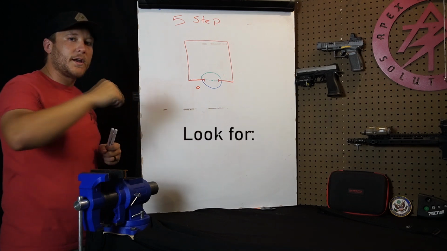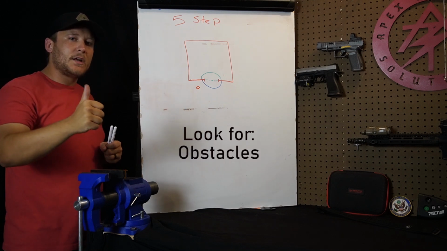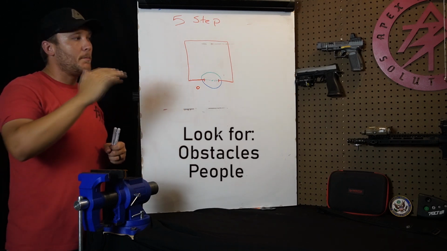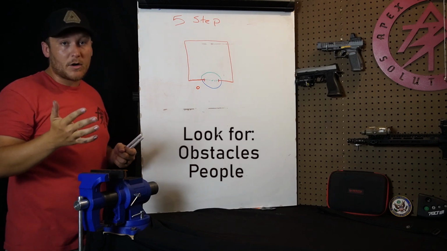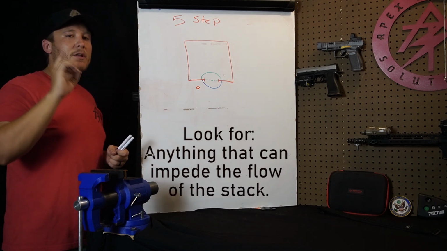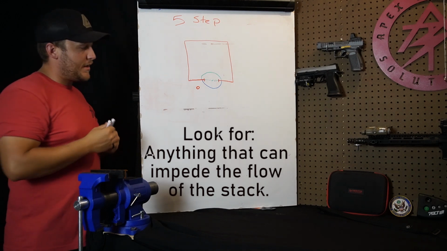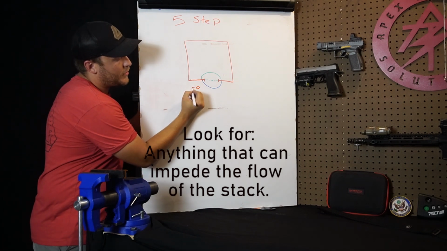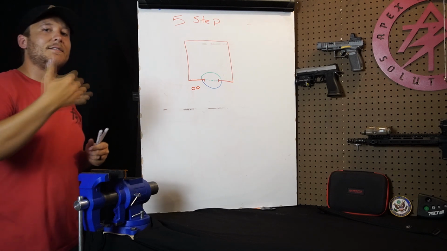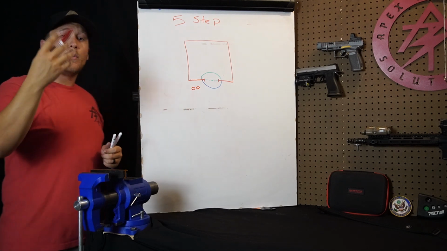And what we're looking for, again, is anything that could be in our way, such as an obstacle, any loose debris, cords, people that we may not want in our home or in the structure. We're looking for anything in that doorway that could impede the flow if I have someone going in with me. You wanna make sure that it's very easy to get in that room and go into step 3.